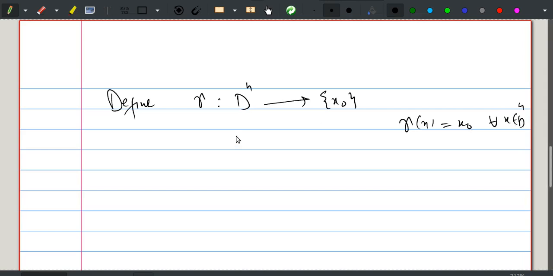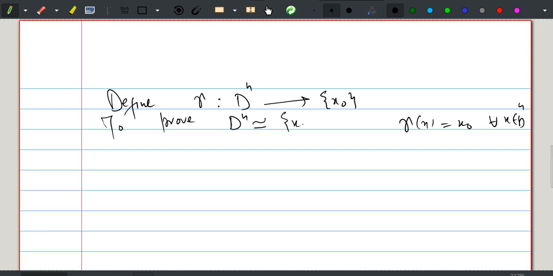So what we have to prove is Dn is homotopy equivalent to x naught, i.e. Dn is contractible.